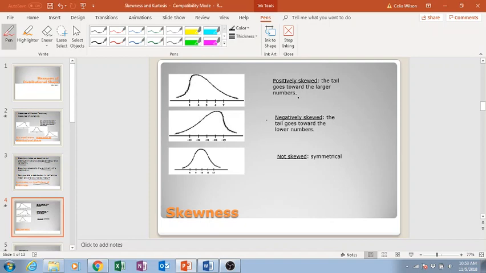So we could have a distribution that's positively skewed, negatively skewed, or not skewed in that it's perfectly symmetrical. So if it's not skewed, we say it's perfectly symmetrical. So you can imagine that if the mean is somewhere around 10, if we folded the distribution right on that mean, and that's not a very straight line, is it? The two sides would match. So we say it's not skewed.